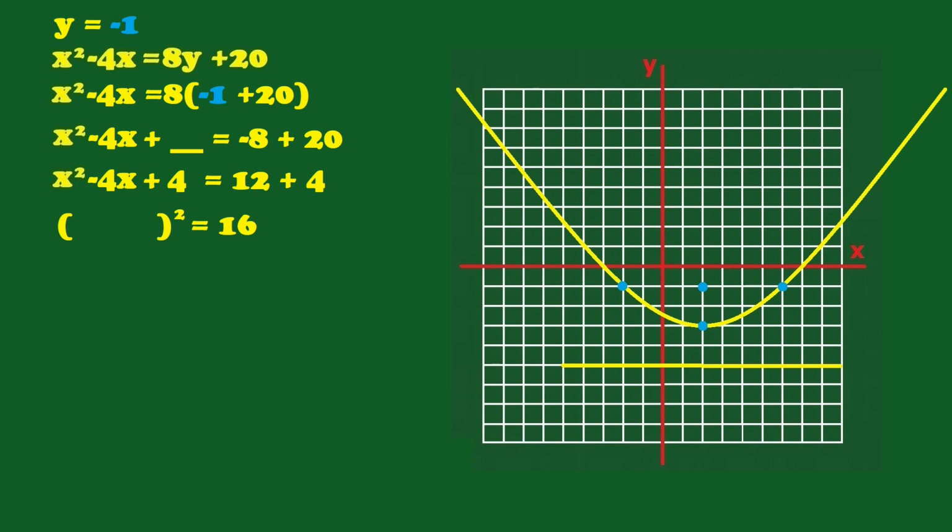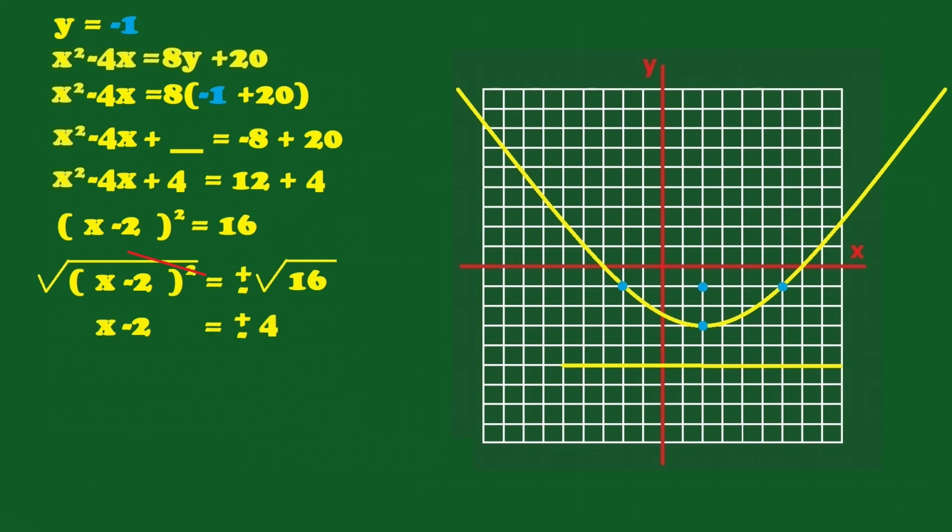Now, create a squared parenthesis equated to 16. X minus 2 is actually the half of x squared and -4. The next thing to do is to remove the power 2, so we get the root of both sides, which will equate it to positive and negative. This will cancel the power 2. We now have x minus 2 equal to plus or minus 4.